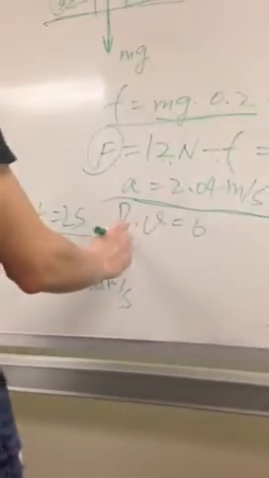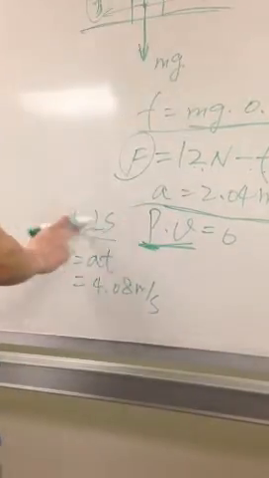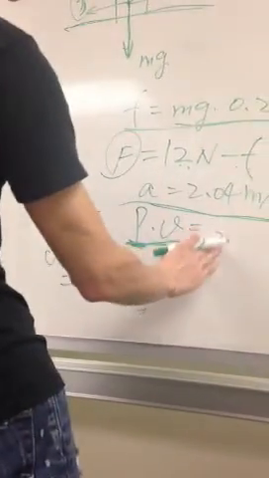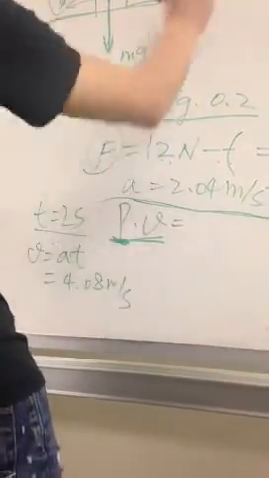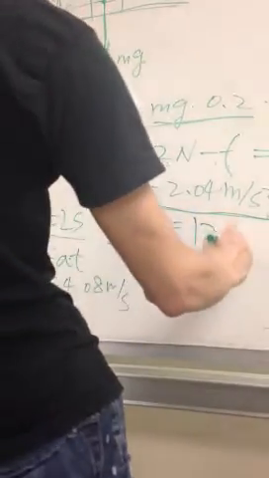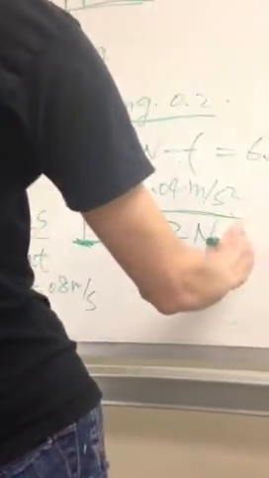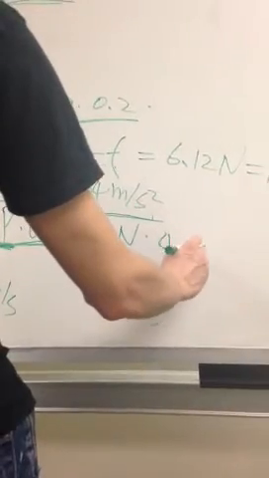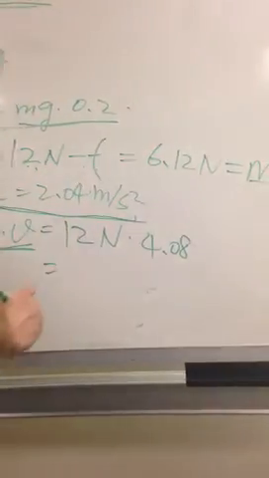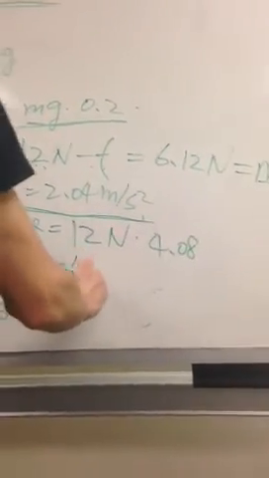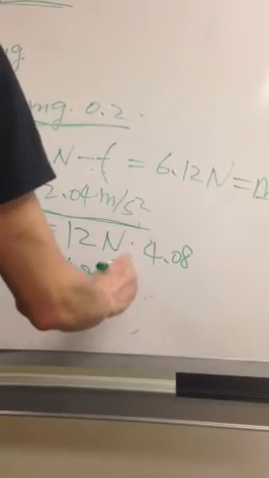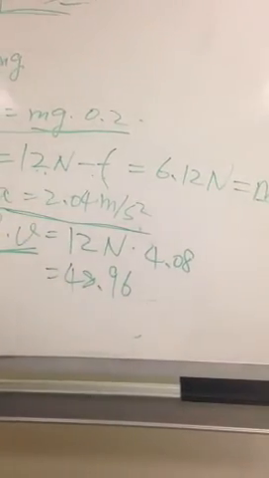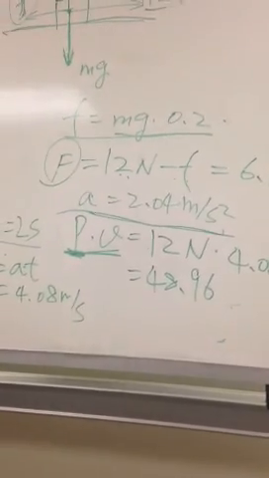So the rate at this time point will be P times velocity. P is 12 Newton times 4.08. So it's 48.96. The answer will be B.